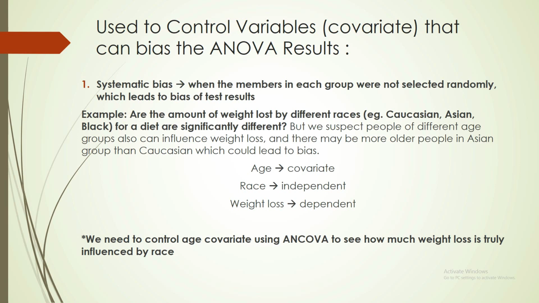So now I am going to give you two examples of how ANCOVA and MANCOVA can benefit research. ANCOVA and MANCOVA are beneficial to research because we can use them to control the influence of covariates in a study that we don't really care about.